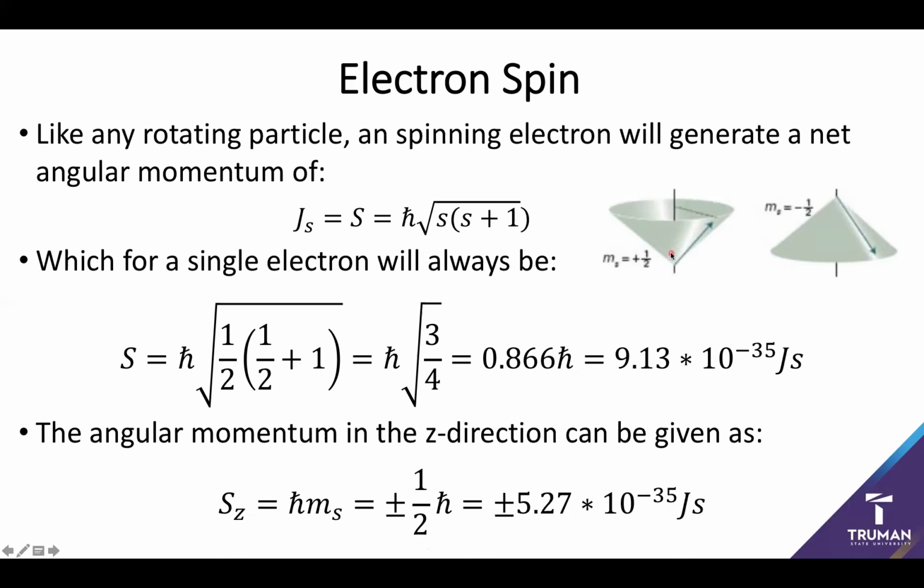Now, one of the things that I do kind of like pointing out here is that I can have up to 1/2 h bar angular momentum pointed up or down, but I know the total system has about 0.87. Where's the missing 0.37? Well, it turns out for that we have to revisit our old friend Heisenberg.